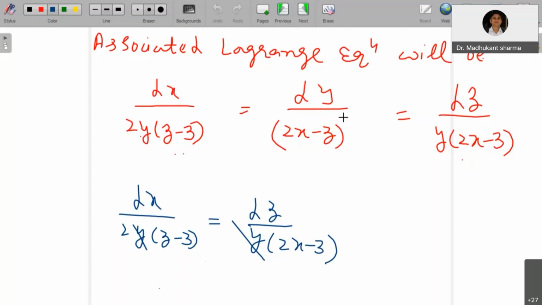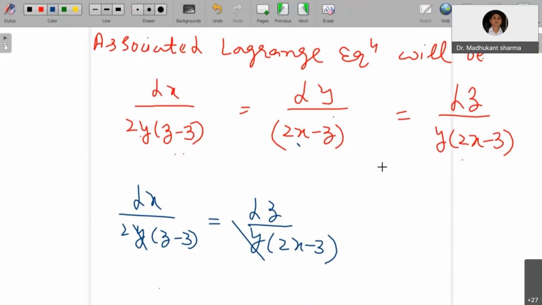See here, dy and dz are there. Multiplying with y and subtracting, like y dy minus. Because then, in the denominator you have 2xy, and here is already 2xy. So if you subtract, these two terms will get cancelled, only the yz terms will be remaining.